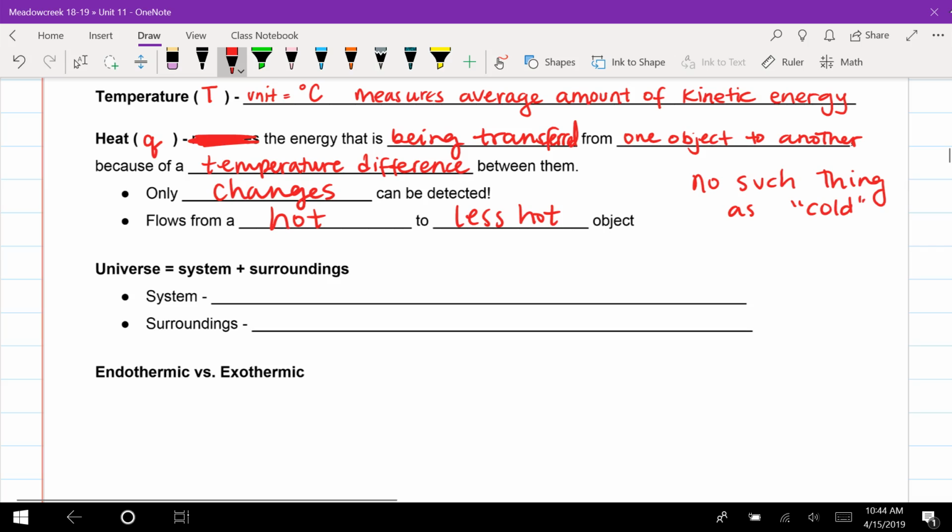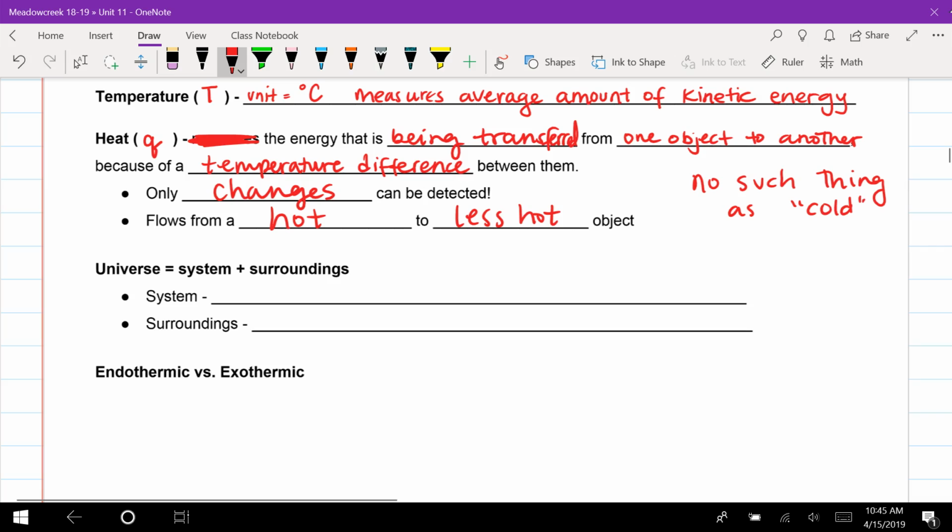When we measure these temperature differences, it's important to note where the heat energy is coming from and where it's going to, because energy is conserved. It will always have both an original location and a destination.